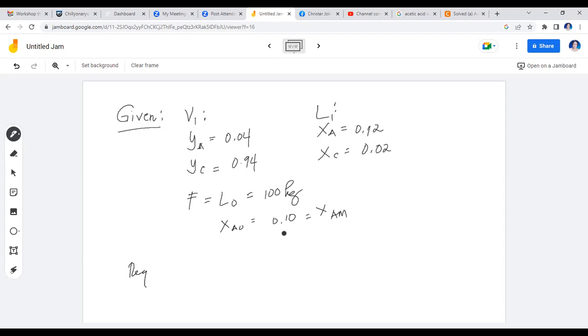In this particular sample problem, you are asked to determine the amounts. So you are after the amounts of the extract and the raffinate layer, V1 and L1.